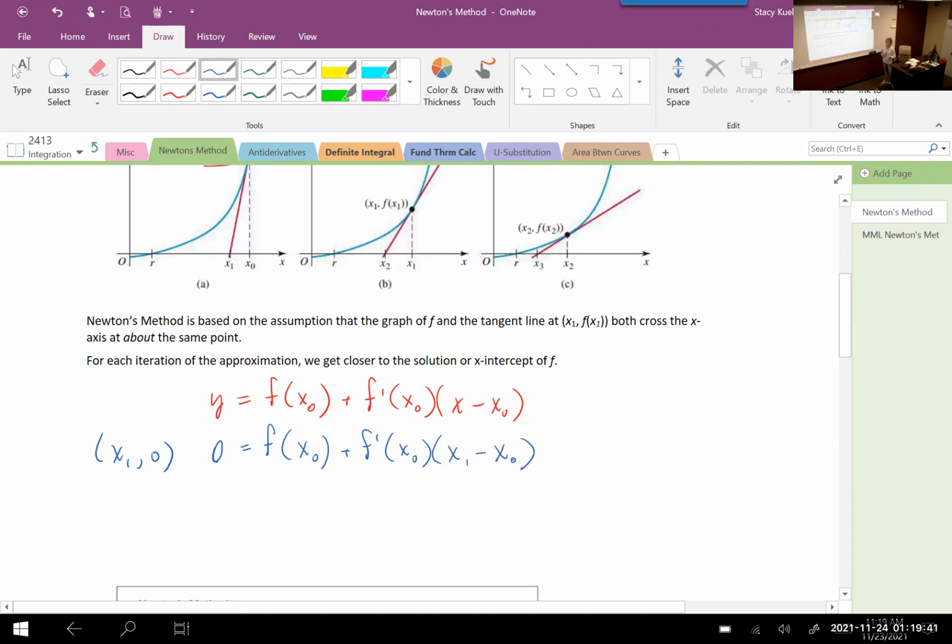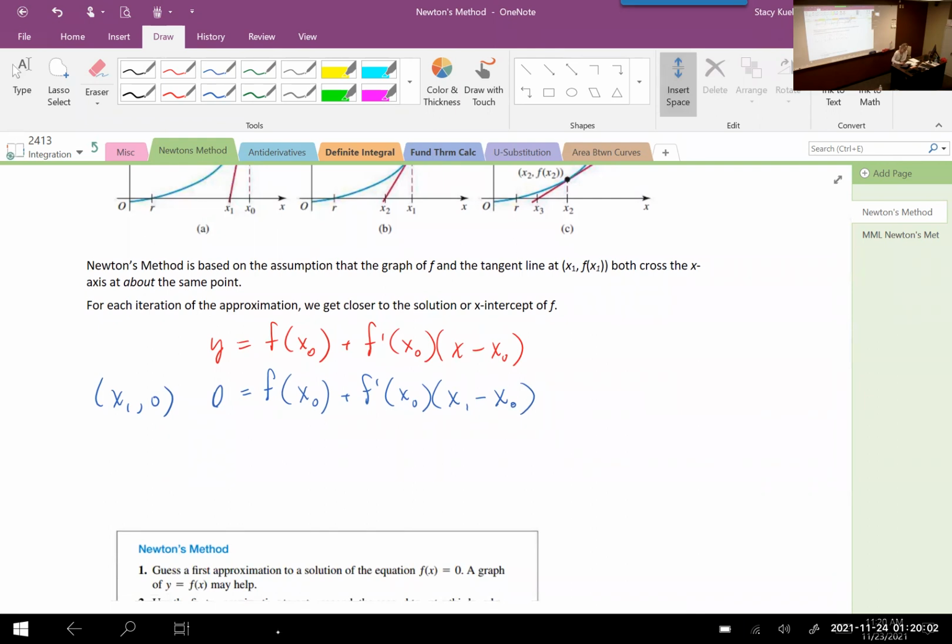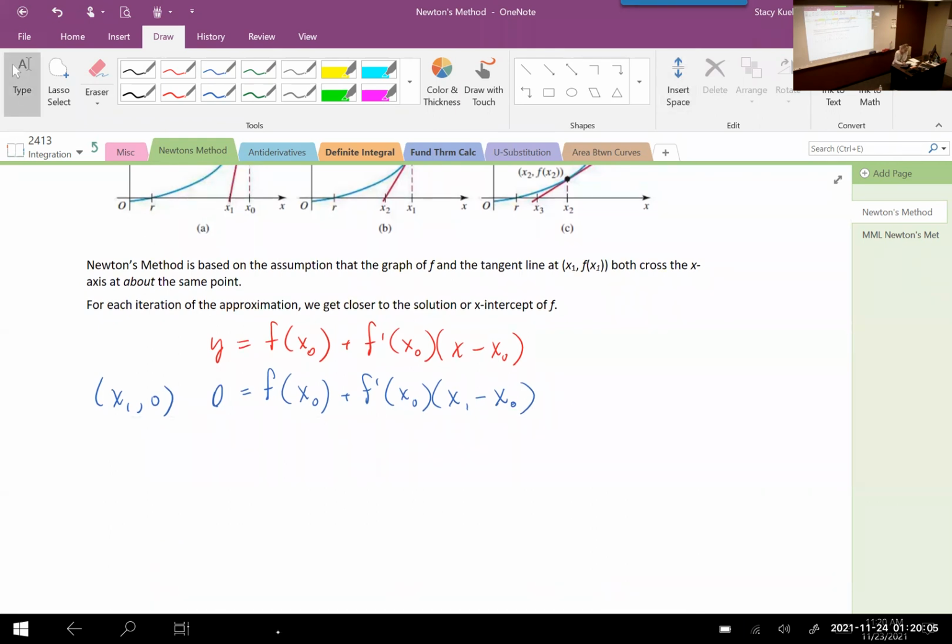There are a lot of x's in that case, but we're being very specific about the points we're looking at. If I'm using this initial equation to find the value at x1, I'm going to simplify this. So I would end up with 0 is equal to f of x naught plus f prime of x naught.